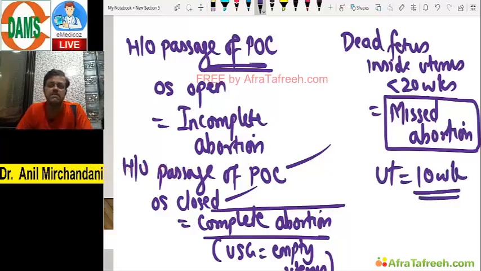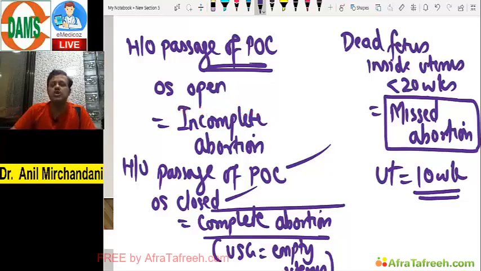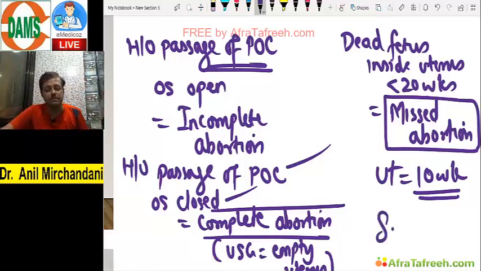So there is a discrepancy. Whenever there is this discrepancy, we send for sonography. Sonography is showing dead fetus. This is a clear-cut case of missed abortion, also called early fetal demise. Out of all these abortions which you have heard, let's add on septic focus to it. It becomes septic abortion.